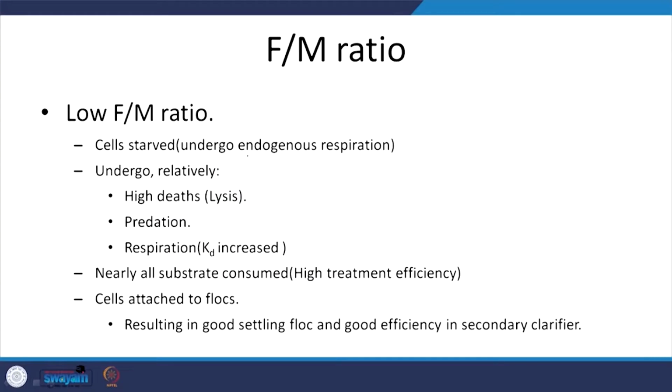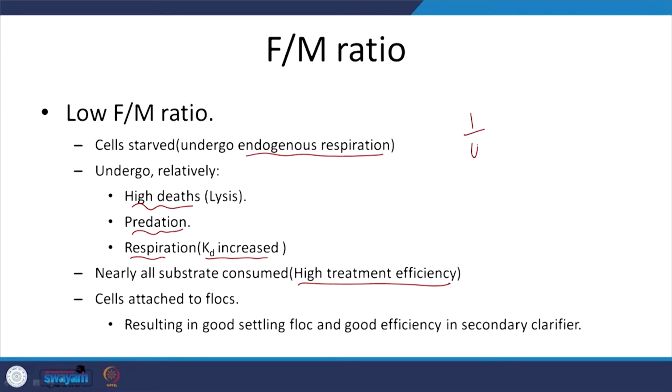So it starts to experience endogenous respiration, so a lot of relatively high deaths and more predation, and so KD is increased. Nearly all substrate is consumed, so thus we have high treatment efficiency.